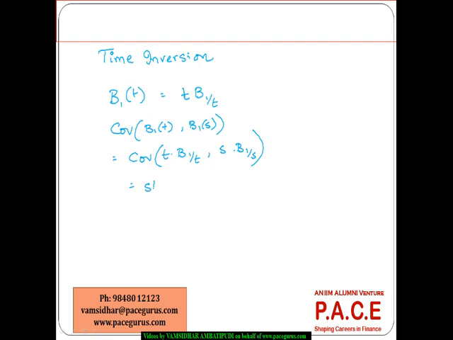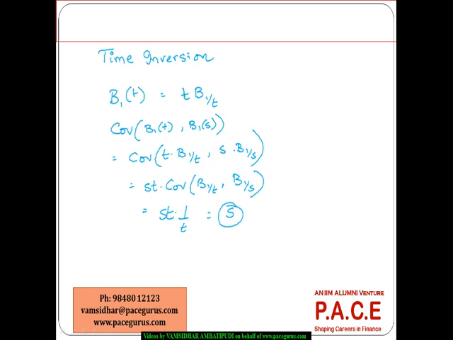Now I can say st times the covariance between B of 1 by t comma B of 1 by s. Now if these two are Brownian motions, the covariance between these two is simply the smallest of these two. s is lesser than t, so 1 by t is lesser than 1 by s. So I'll take it as 1 by t, which will again make this s, which means B1 of t is again a standard Brownian motion itself.